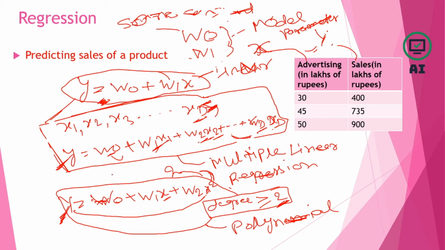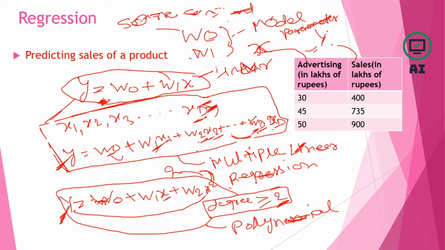Multiple because there are d features, and still y is related to all these features in a linear fashion. Hence, this is called multiple linear regression: y equals w0 plus w1x1 plus w2x2 up to wd xd.